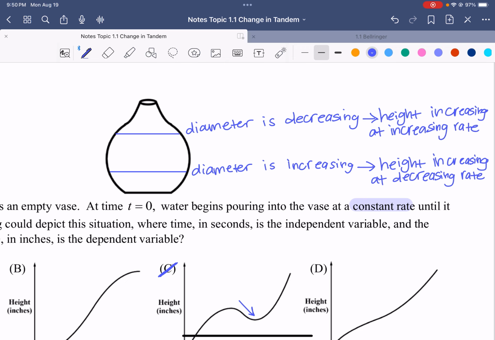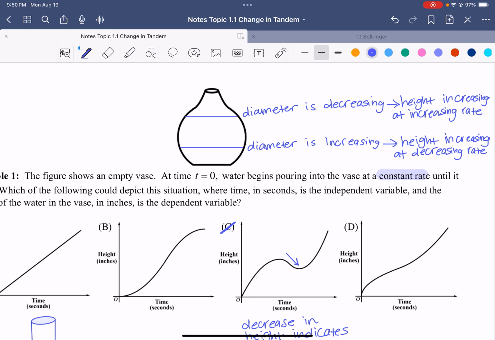So whenever you're looking at these two graphs that we have left, B and D, you want to find the one that has a steeper line at the top. So at the very top, it's going to fill up a lot faster. If I look at B, notice that at the very top it's kind of mellowed out a little bit, versus this one is going straight up.